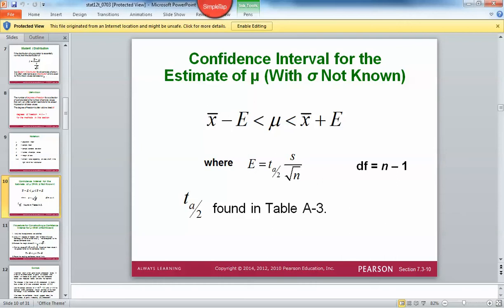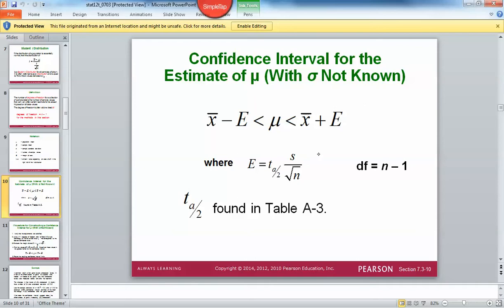The margin of error has a different formula whenever we're working with a t distribution. Margin of error is equal to t sub alpha over 2, that's the critical t value, times s, the sample standard deviation, divided by the square root of n.